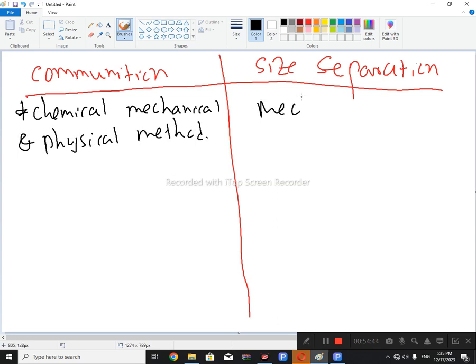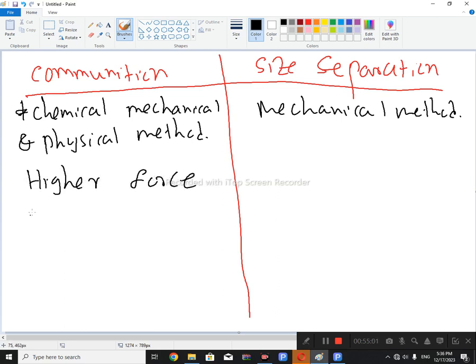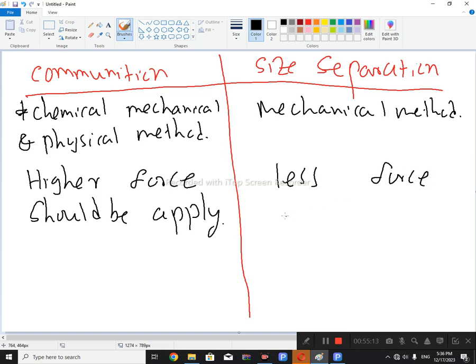Mechanical method: higher force should be applied. Less force is applied in the other.